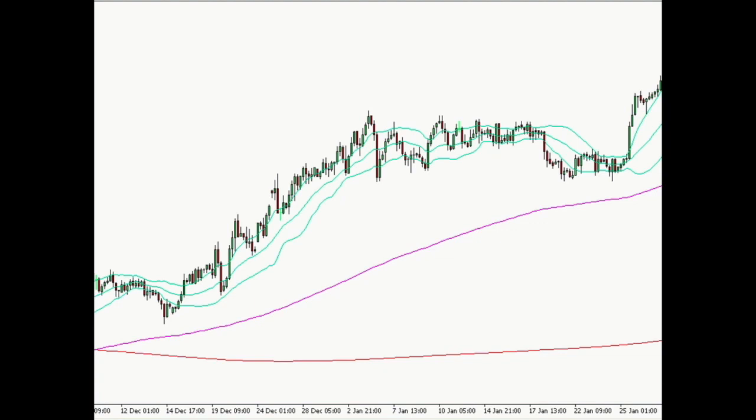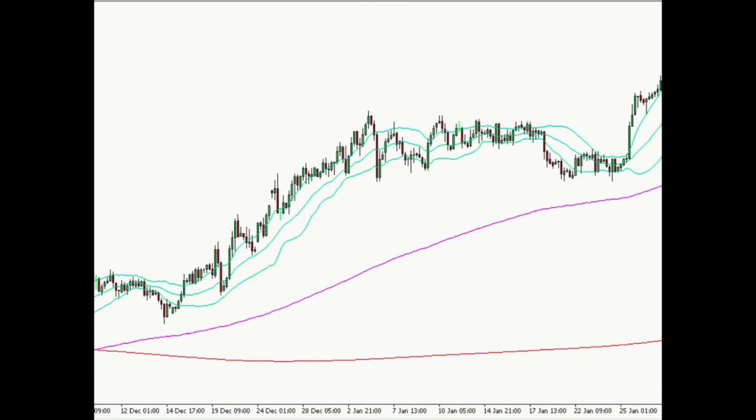Once the trend is determined, we're going to use a standard 20 period Bollinger Band, and we've set the standard deviation on this to 1. And all we're going to do is look for price to come below the lower band of the Bollinger Bands and then break out and close above the upper band.